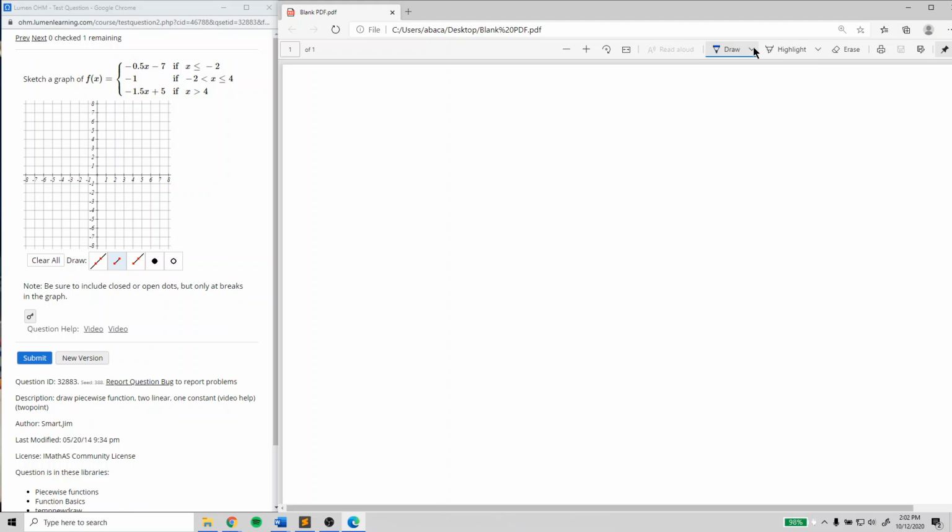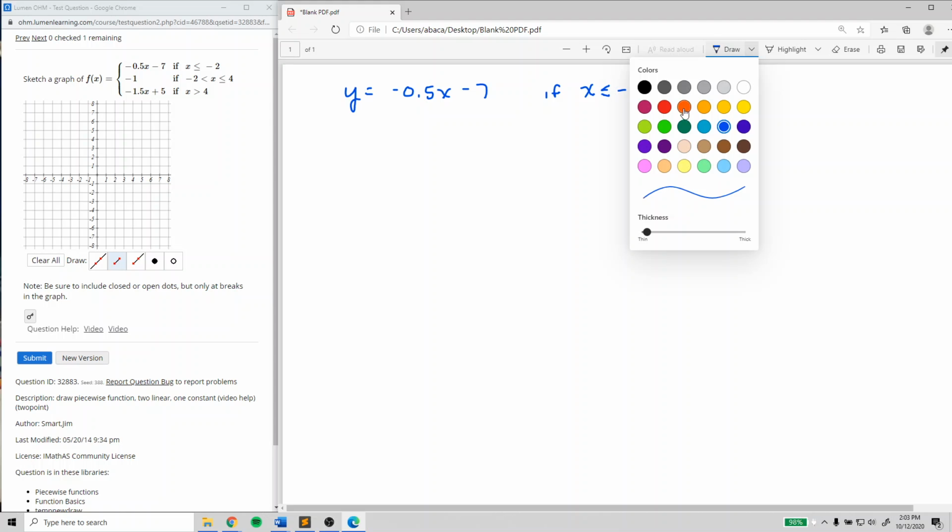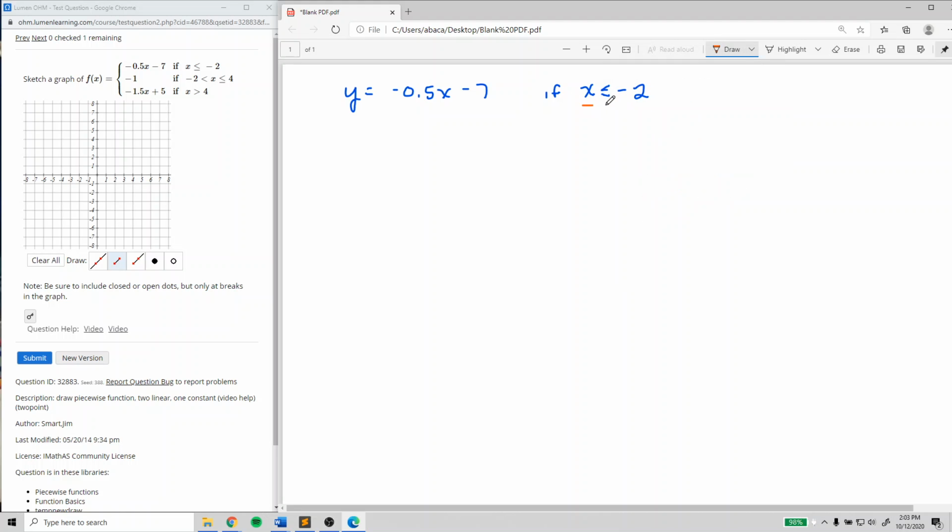Now, the first function we want to graph is y equals negative 0.5x minus 7 if x is less than or equal to negative 2. You always want to start your first point at the spot where the function changes.